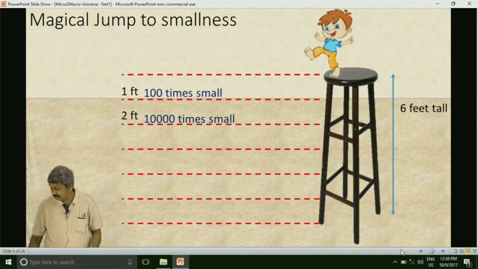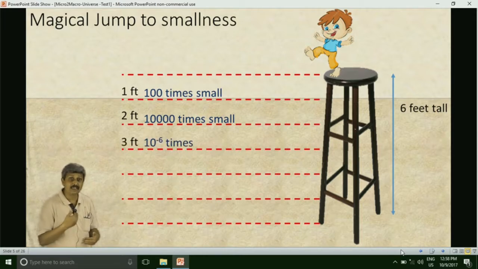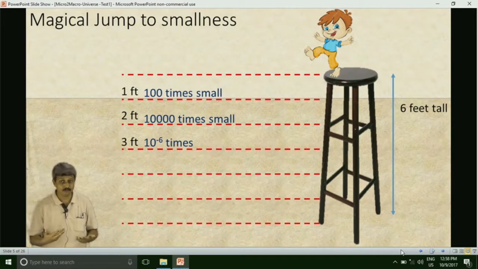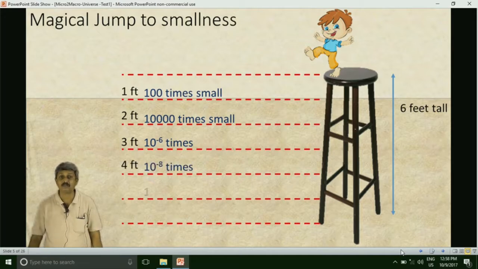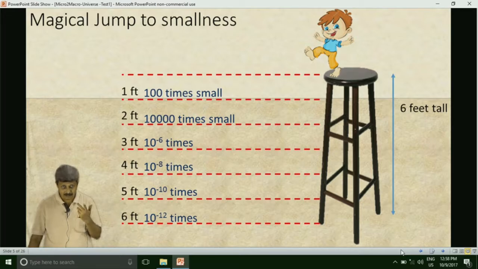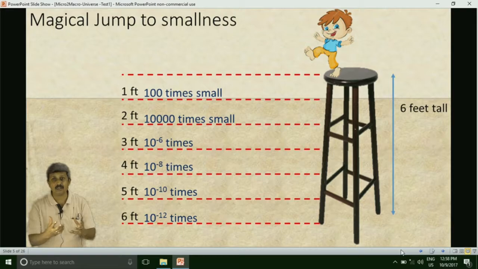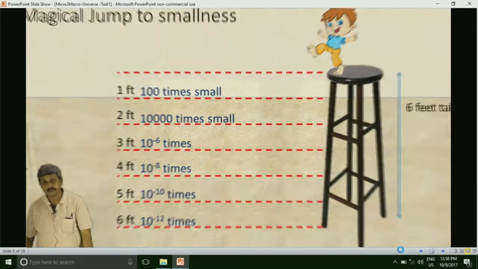And then you get again 100 times smaller after that at 3 feet. Like that you continue. Every time you decrease your size by 100 times and continue till you hit the ground, and see what will happen. So that is what we are going to see now. Let us now start the jump for 100 times smaller, and we slow down and see what we see there. Okay, the first step.